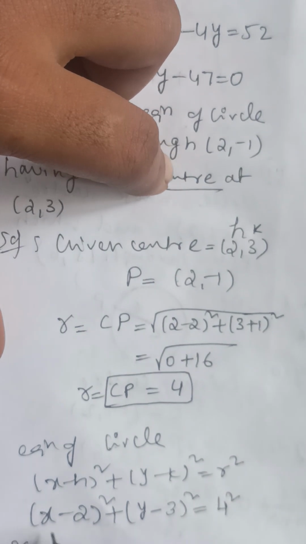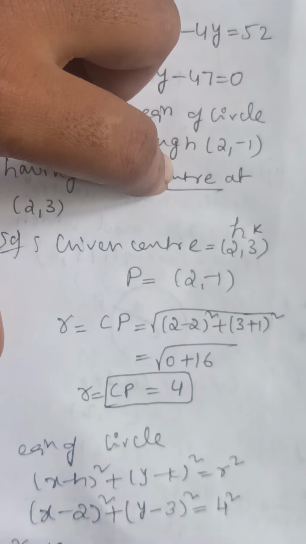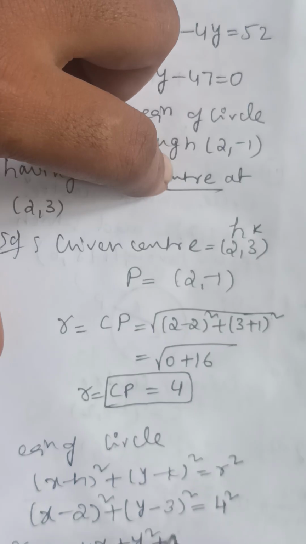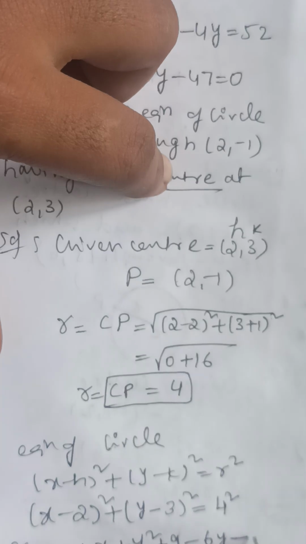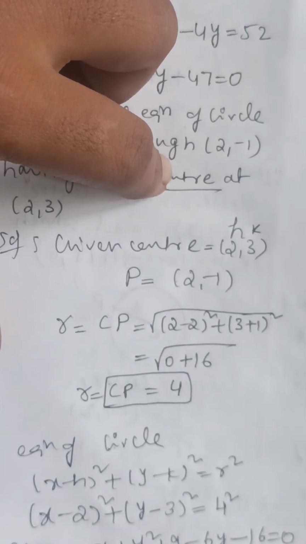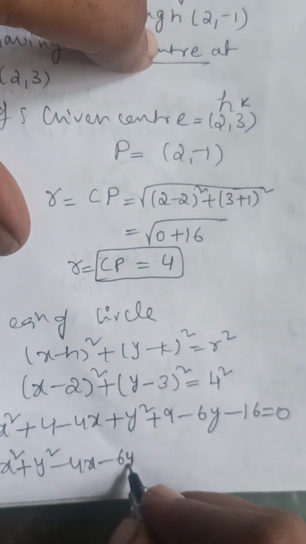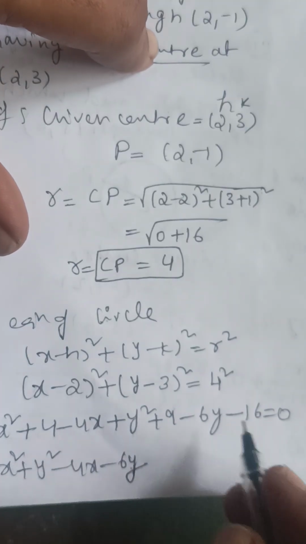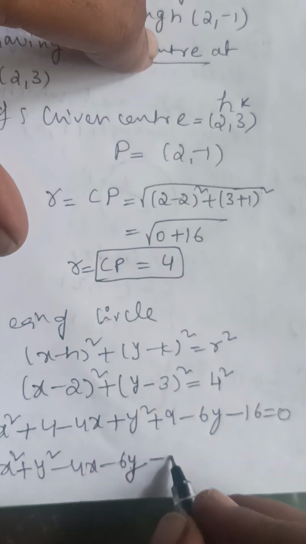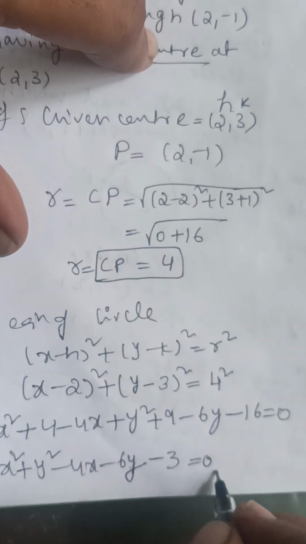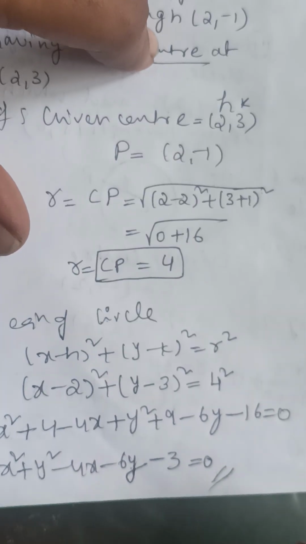So expansion of x minus 2 whole square is x square plus 4 minus 4x, y square plus 9 minus 6y, 4 square is 16, so it will be minus 16 equal to 0. So x square plus y square minus 4x minus 6y, 9 plus 4 is 13, 13 minus 16 is minus 3 equal to 0. This is the required equation of circle.